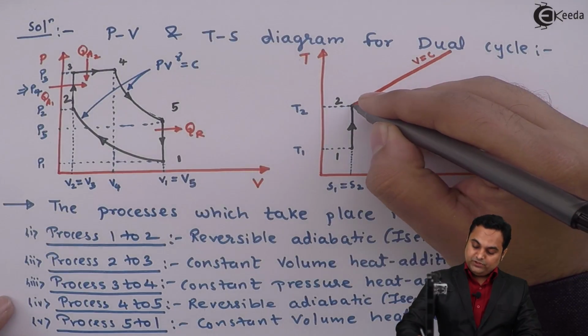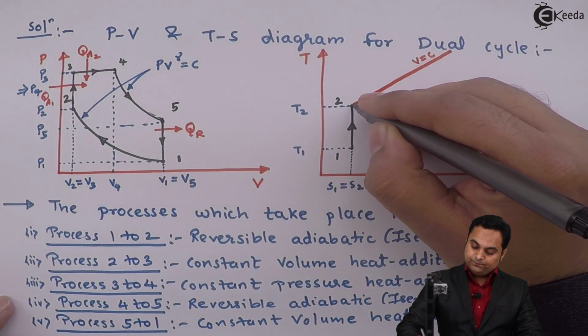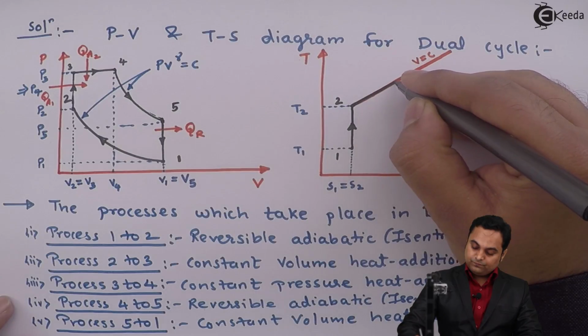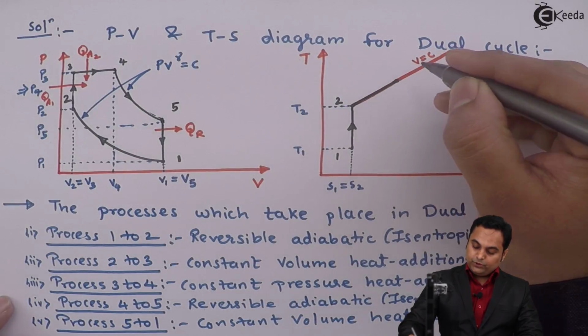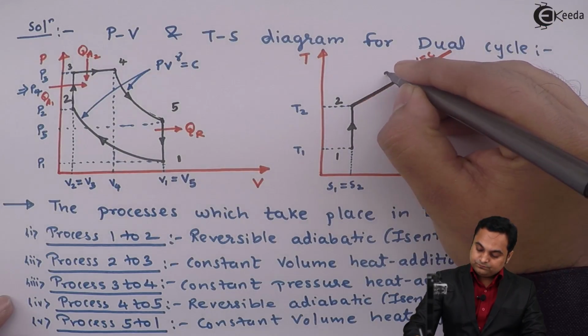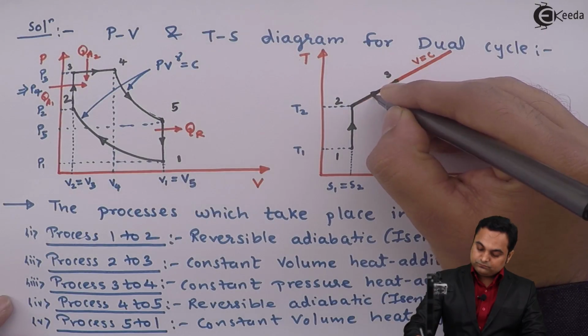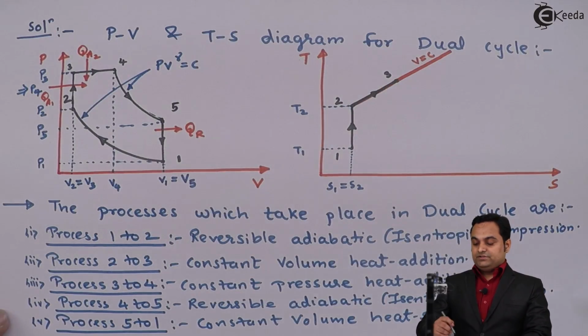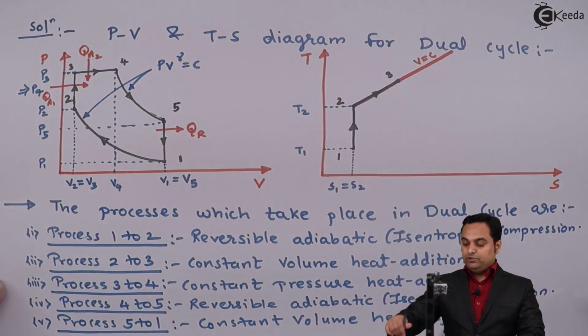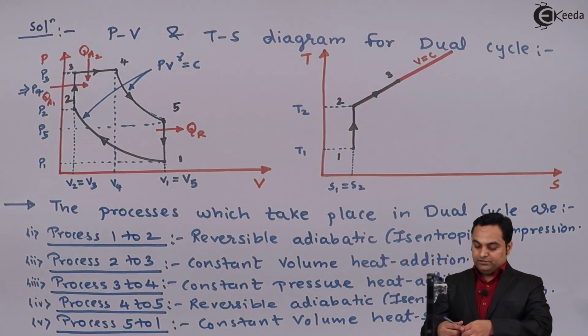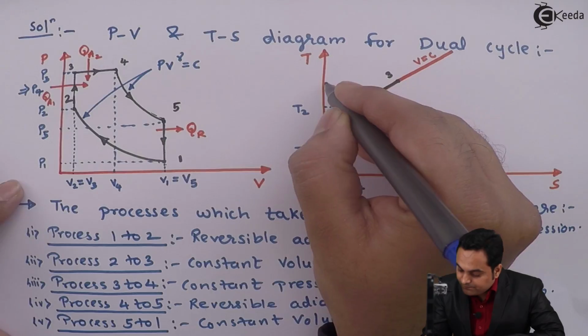So temperature will increase from point 2 up to point 3. That is, starting from point number 2 up to point number 3, the temperature increases.